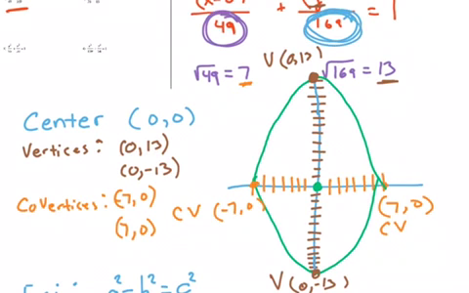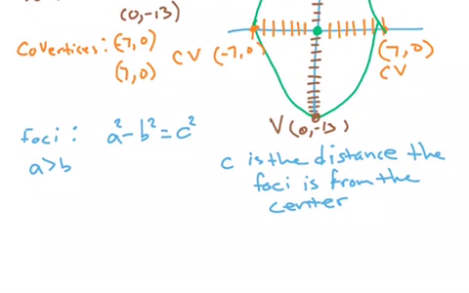Now keep in mind, this whole value represents a squared, and this whole value represents b squared. Okay? So we're going to do 169 minus 49. And if we solve this, we end up getting 120.